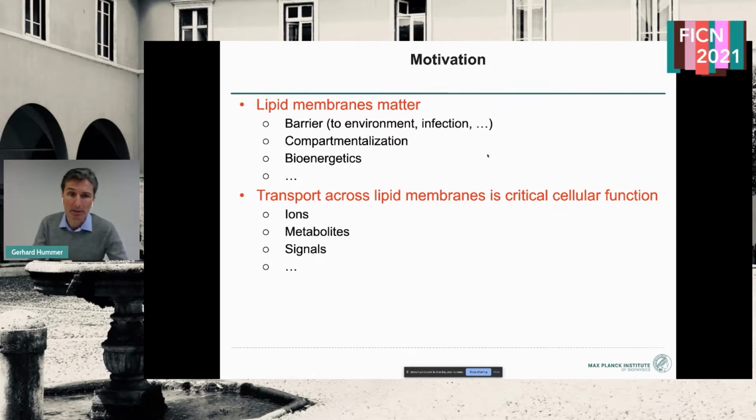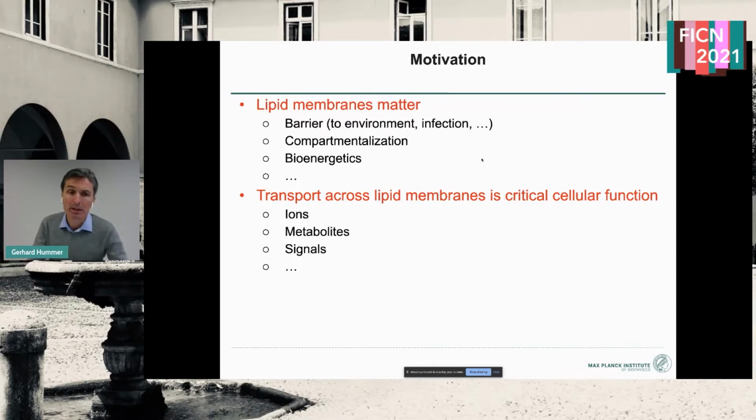Obviously, lipid membranes are serving many important biological functions, from being barriers to surroundings and preventing infection and entry into the cell, to dividing up the space of the cell into compartments, and even some of the more interesting aspects of using the effective capacitance to store energy in bioenergetics.